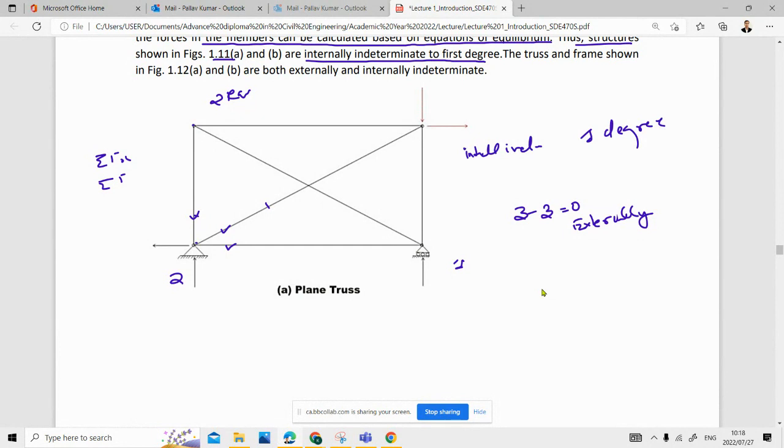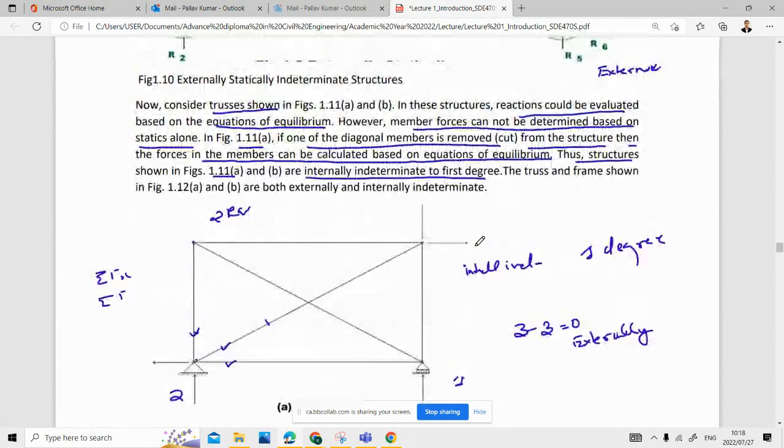So while solving those indeterminate trusses, you remove some of the members, and then you start your analysis, and later on once you get all the member forces, you can get the force for that particular member. This is what we will see once we start with our virtual work problems, right? So that is what it is explaining.